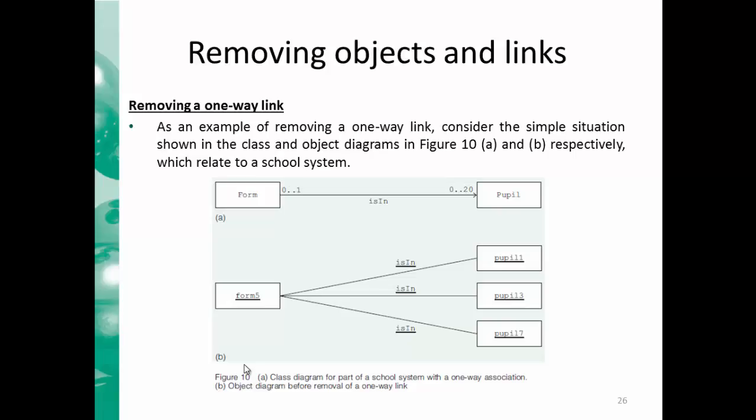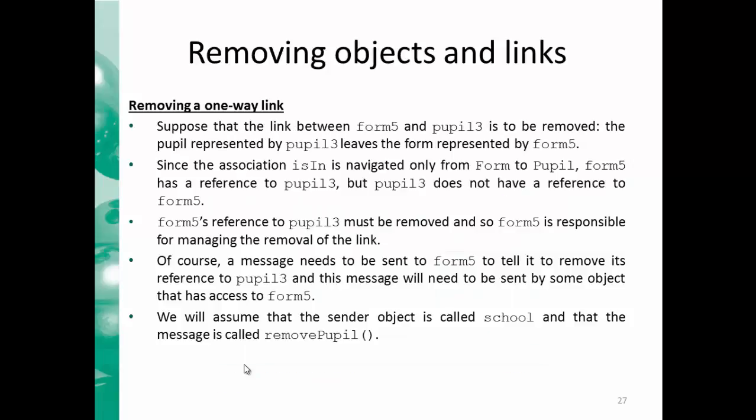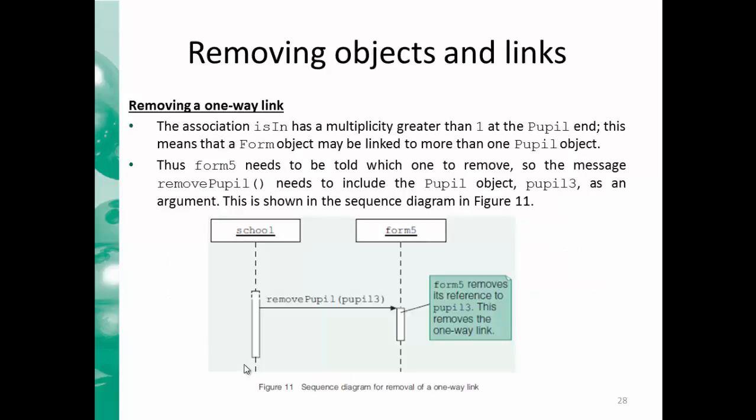So if I want to remove the link between these objects, I just need to send the message from the school object to the form object. The school object in this case will be the coordinating object.